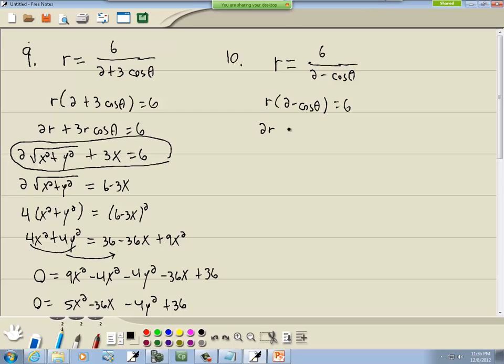So we got 2r minus... Try it again. 2r minus r cosine theta. I think I'll go to bed after this one. Start making mistakes like that. So that gives us 2 square root of x squared plus y squared minus x equals 6.